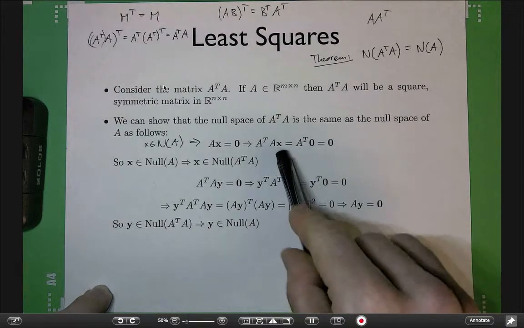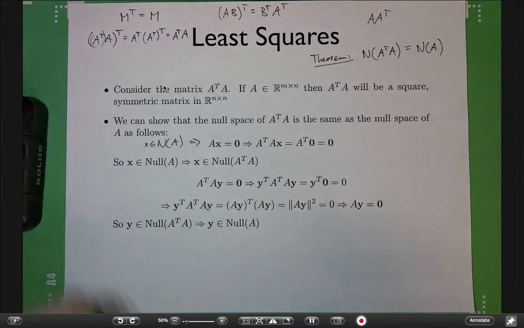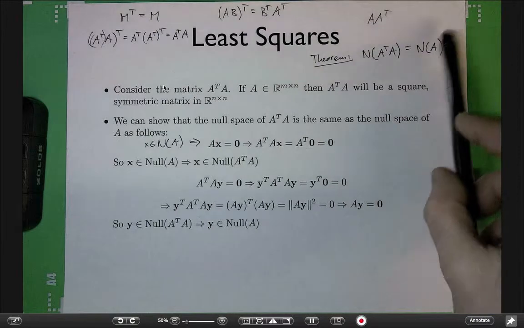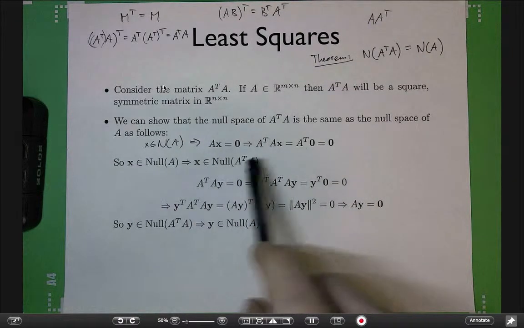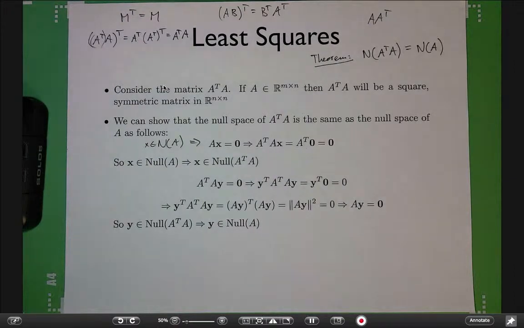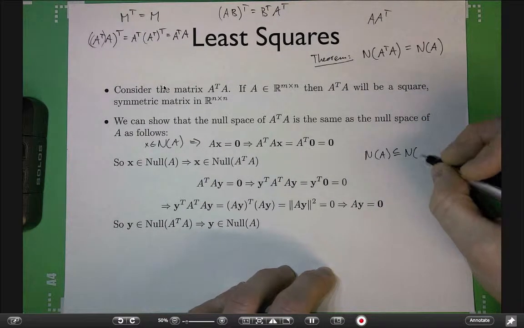But that means that x is in the null space of AᵀA, right? That was the simple implication. So if something is in the null space of A, then it's also in the null space of AᵀA. That tells us that N(A) is a subset of N(AᵀA).